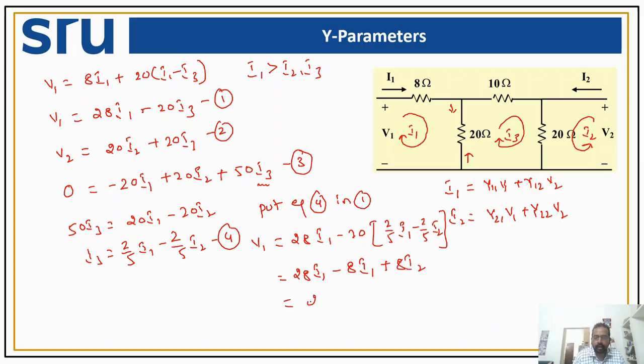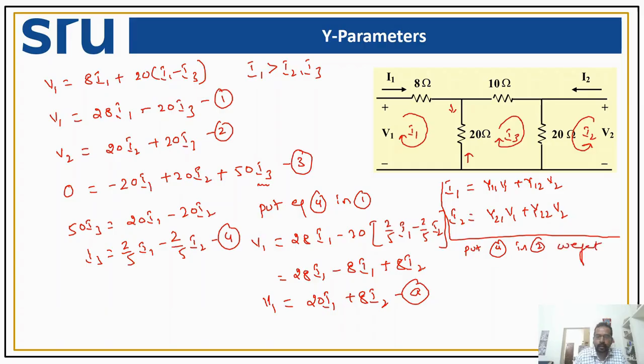So we get 20 I1 plus 8 I2. This is my V1. Let us call this equation A. Similarly, we put equation 4 into equation 2, and we get V2 equal to 20 I2 plus 20 into (2 by 5 I1 minus 2 by 5 I2).